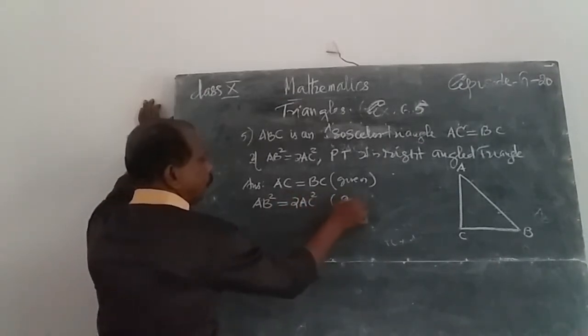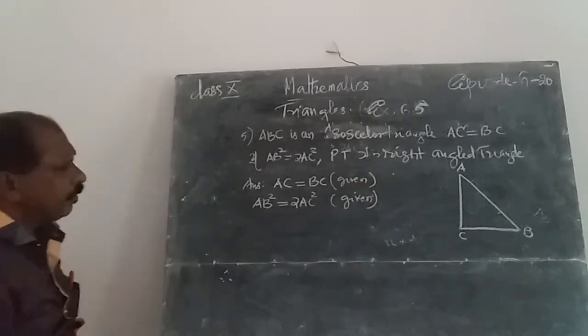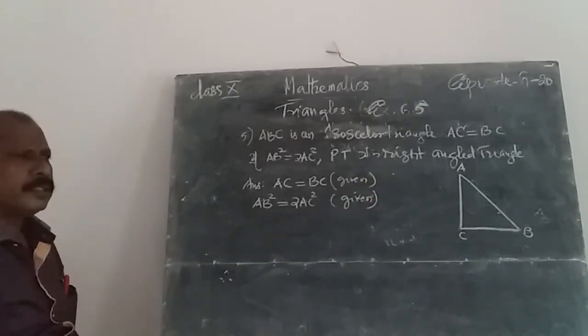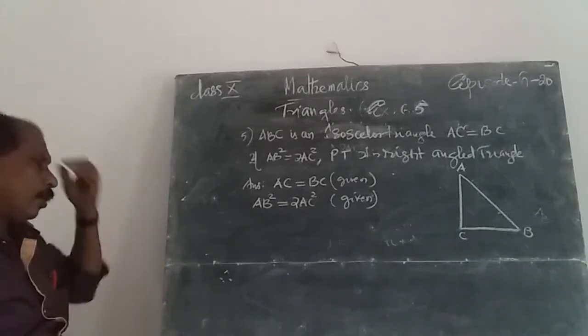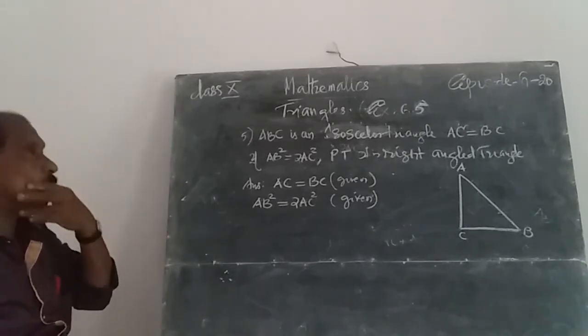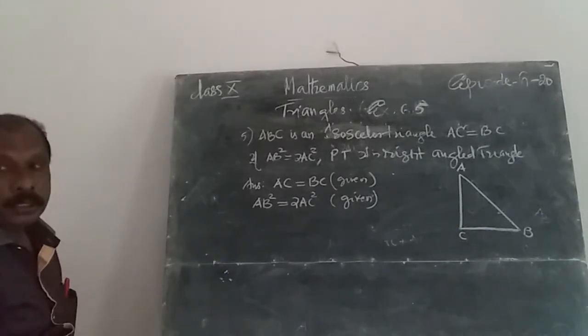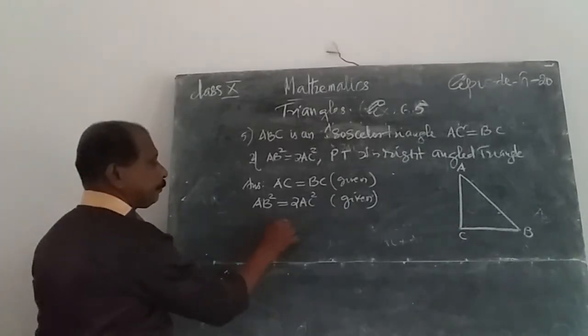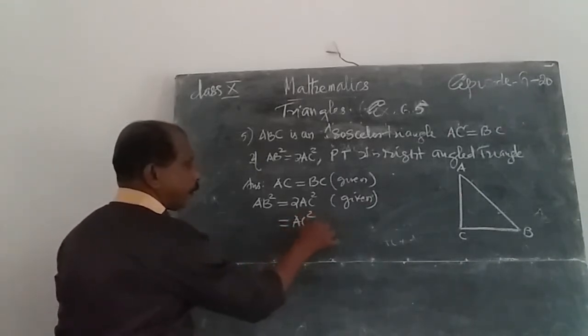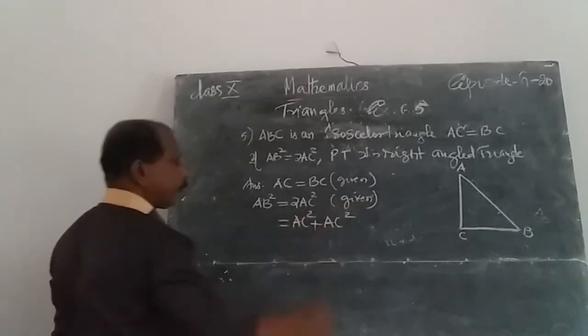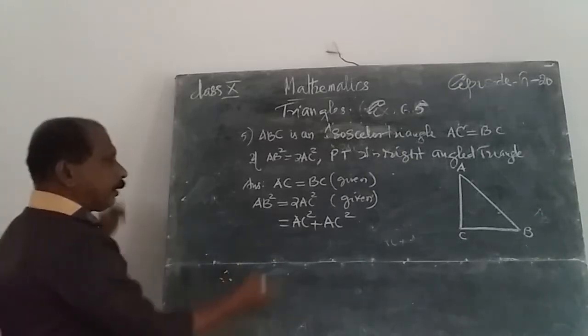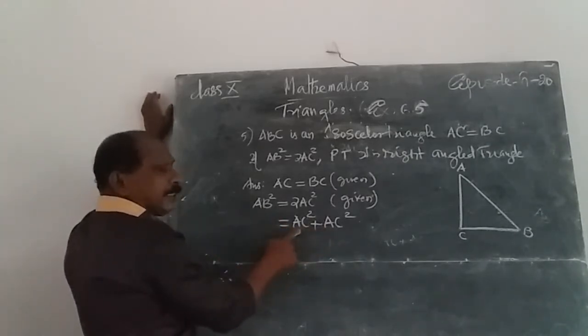That is also equal. X square is x into x; 2x is x plus x. Therefore, 2AC square is equal to AC square plus AC square, where one AC is replaced by BC.